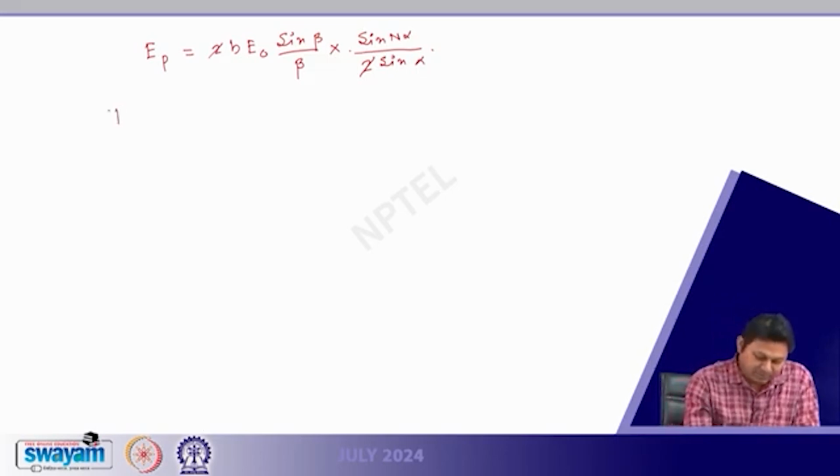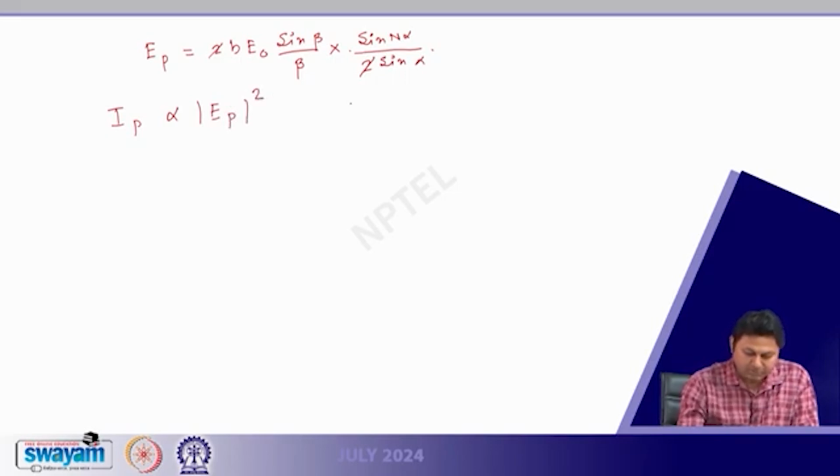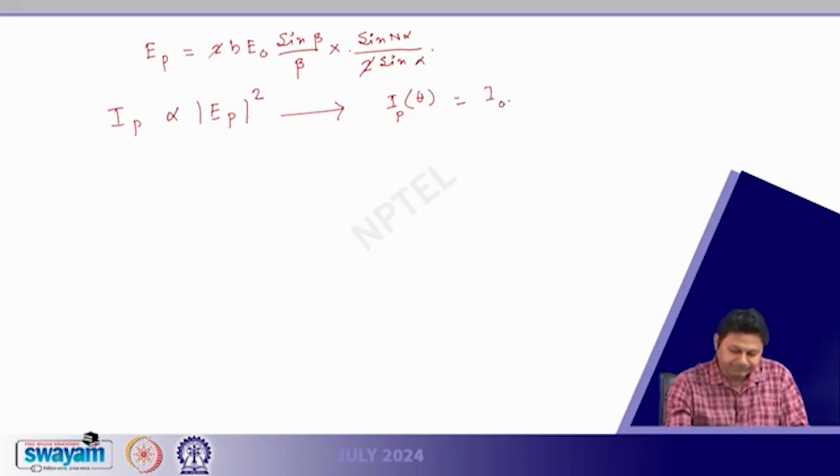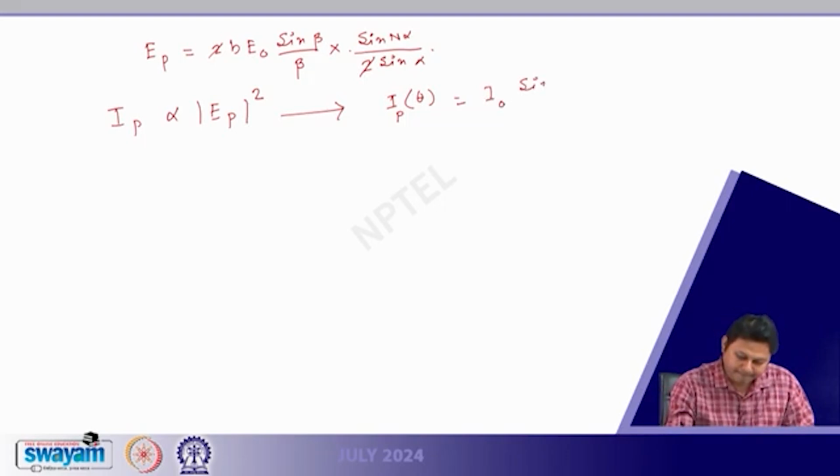Now, the intensity at the point P is proportional to the mod square of EP, and with that I can write down the intensity straightaway, which is a function of theta, by the way, at point P is equal to I naught sine square beta divided by beta square into sine square n alpha divided by sine square alpha.